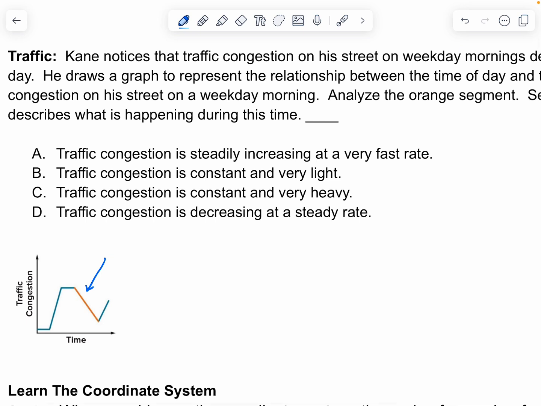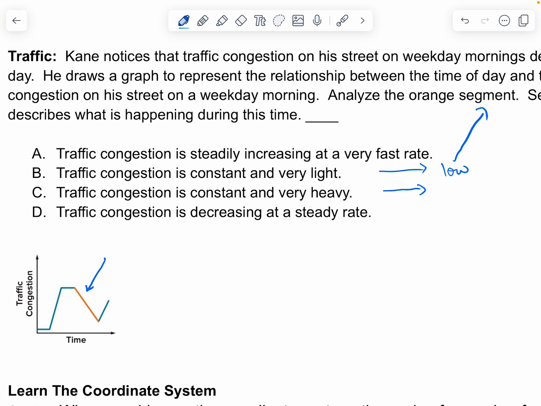So let's read through these very quickly. It says traffic congestion steadily increases at a very fast rate. So increase would be increases at a very fast rate. So wouldn't that be like that? Then traffic congestion is constant and very light. Traffic congestion is constant and very heavy. Okay, this would be low on the graph.